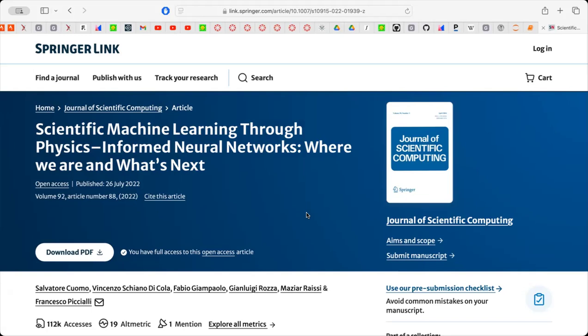Now, when we come to convolutional neural networks, we are going to adopt what is called filters. And these filters serve to reduce the dimensionality of the problem.